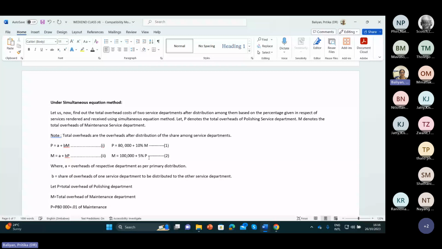That's how we form the equation, because when you are putting the total overhead cost of polishing, polishing is 80,000 plus it is getting 10% of maintenance, and the maintenance department will get 100,000 plus 5% of the polishing department.